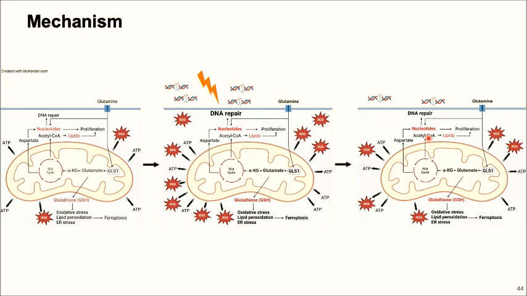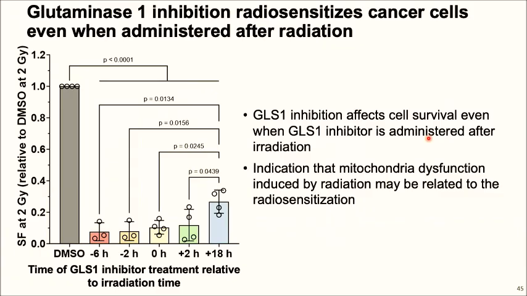To show that that was the case, we did an experiment in which we treated the cells before or after radiation with the GLS1 inhibitor. We treat the cells 6 hours before radiation with the GLS1 inhibitor, or 2 hours before, or at radiation, but we also irradiate the cells and then treat later on with the GLS1 inhibitor.